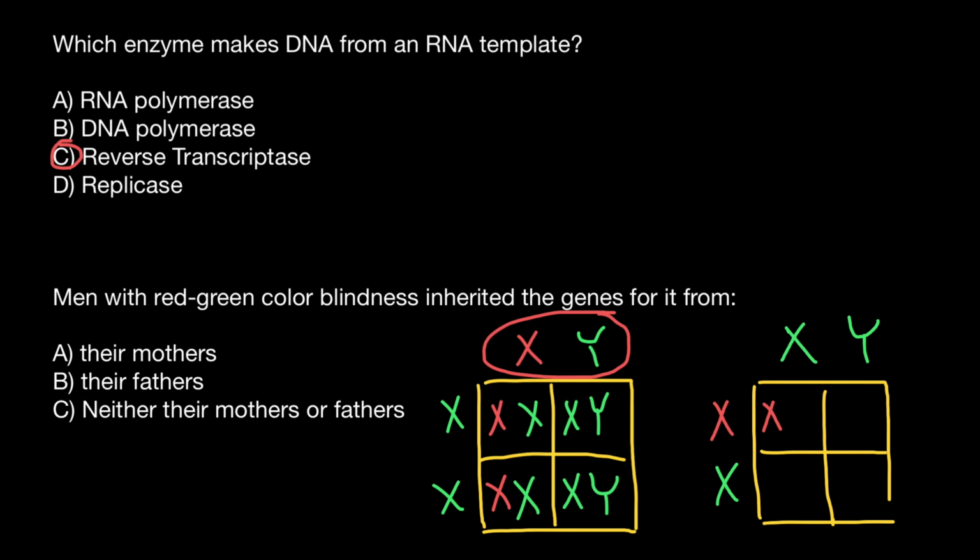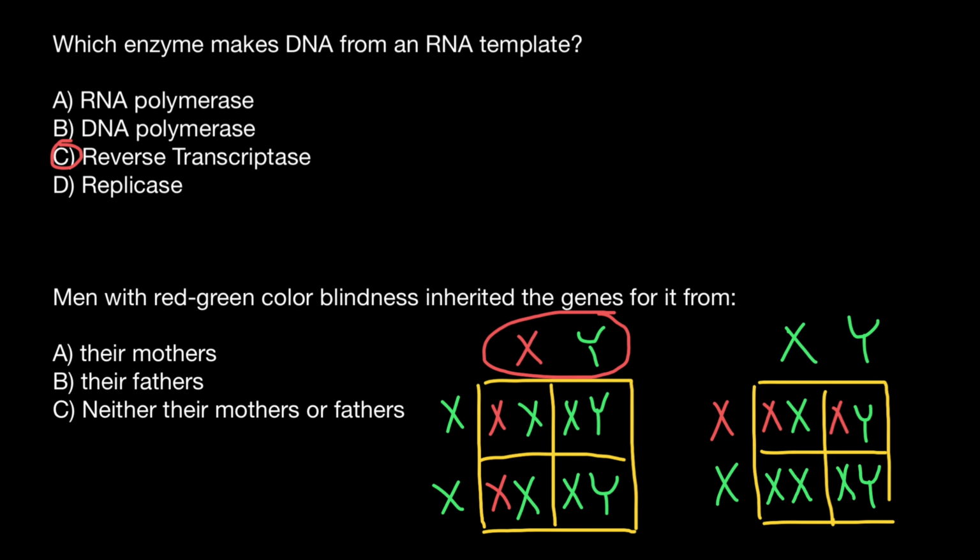So defective X chromosome here from the mother side, and normal X chromosome from the father side. Defective X chromosome from the mother side, and normal Y chromosome from the father side. Normal X chromosome from the mother, and normal X chromosome from the father side. Normal X chromosome from the mother side, and normal Y chromosome from the father side.